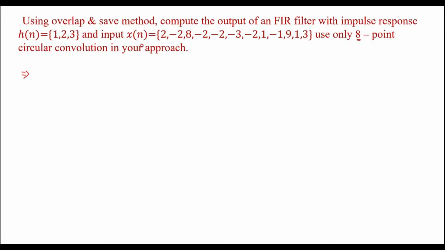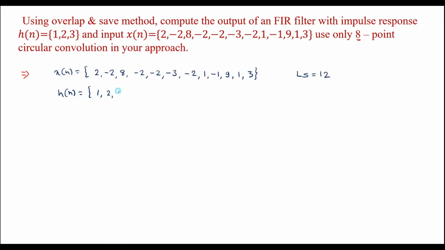So here the x of n sequence is given, a long sequence consisting of 12 samples, that is, the length of this sequence Ls is equal to 12. And h of n is given, which is equal to 1, 2, 3. The length of h of n is represented as m, which is equal to 3.